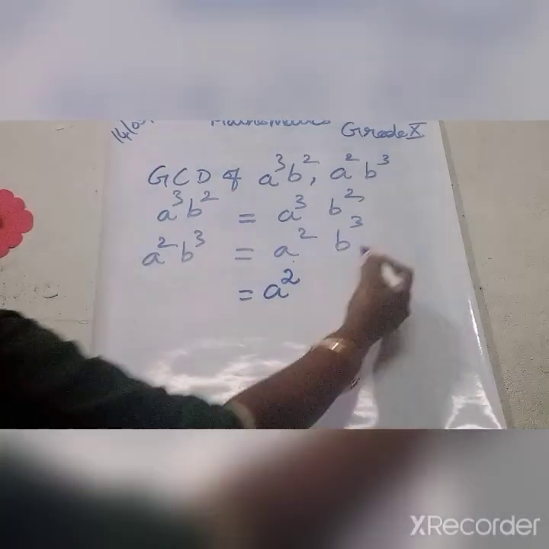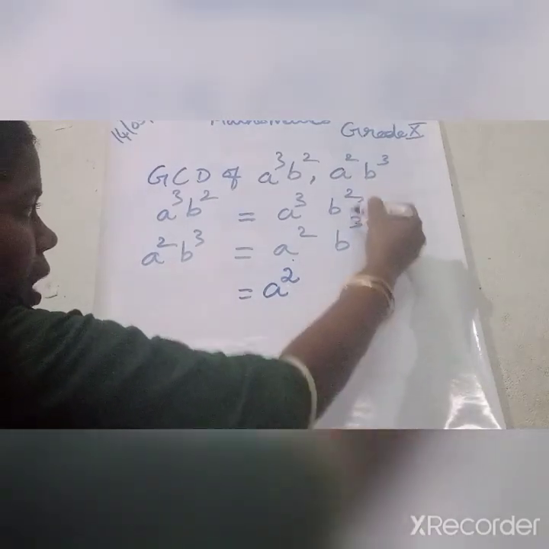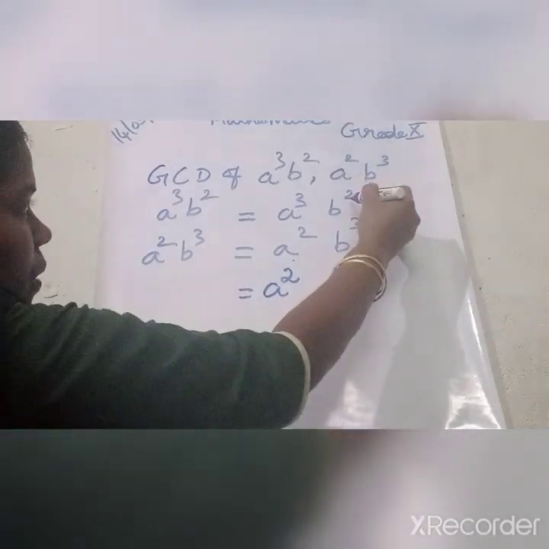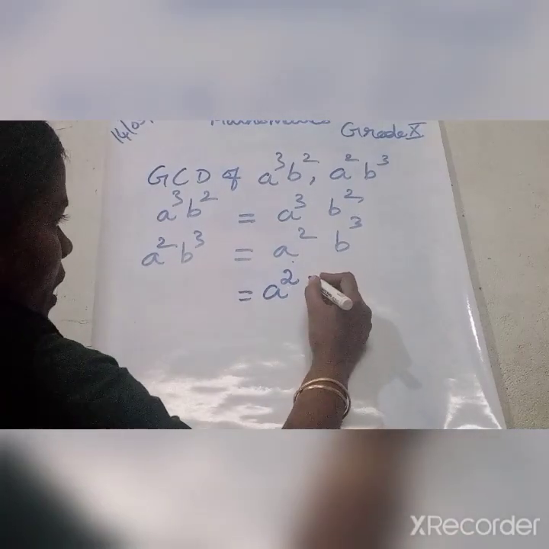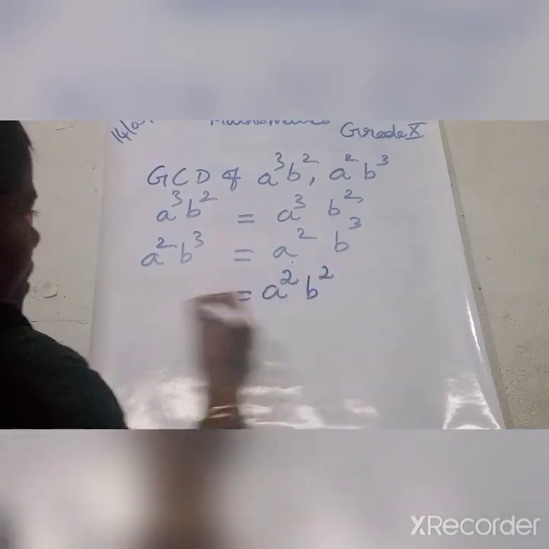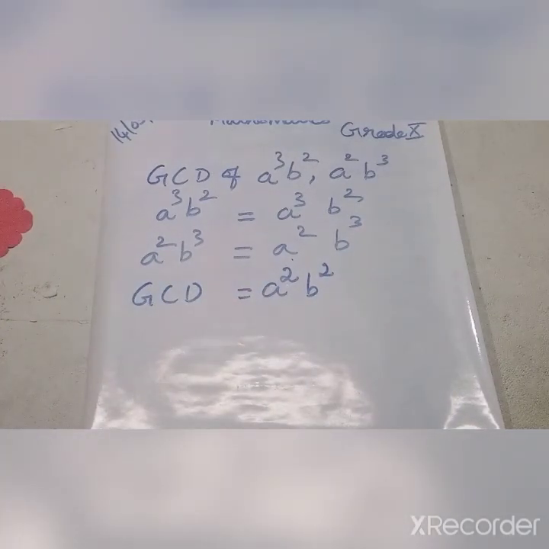Now come to this b term, b square, b cube. Among both, b square is the lowest power term. So we have to select the b square term. So GCD equals a square b square.